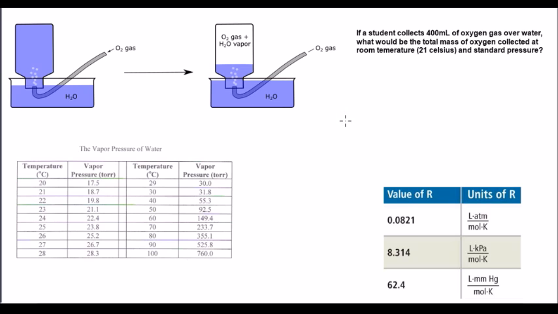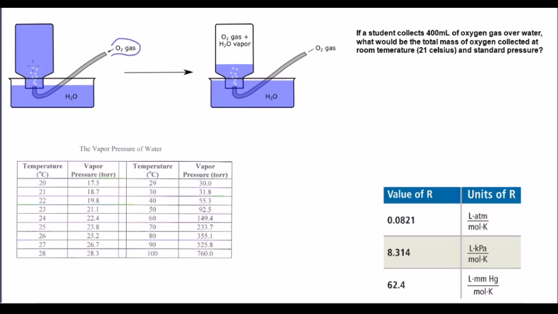Collecting a gas over water is a fairly common technique when we want to trap a gas that's made by reaction or something like that. So basically the way that it works, let's pretend this tube is connected to a reaction of some sort, and that reaction is generating oxygen gas. The oxygen would flow through the tube and then up into a container that is initially full of water.